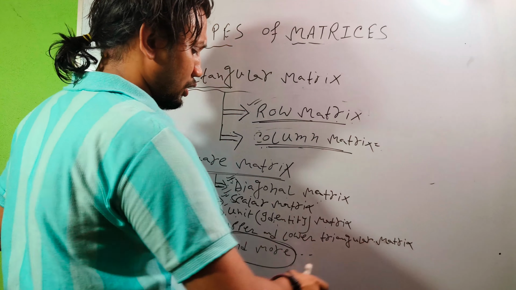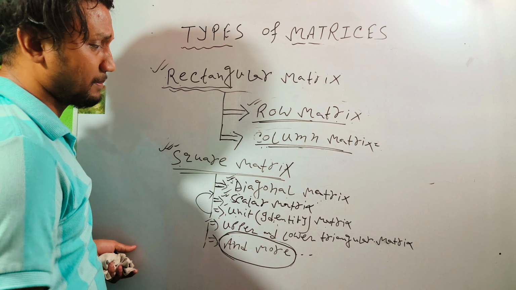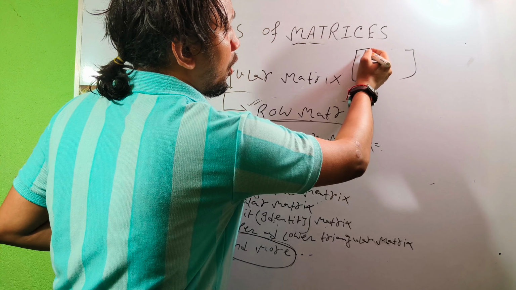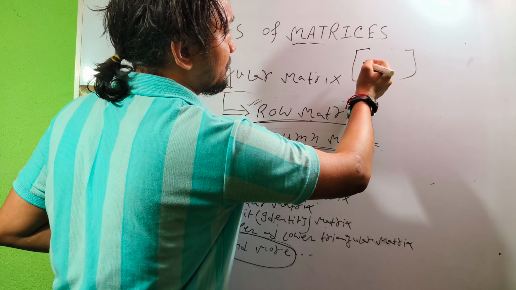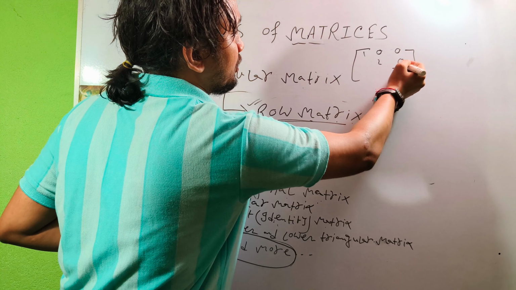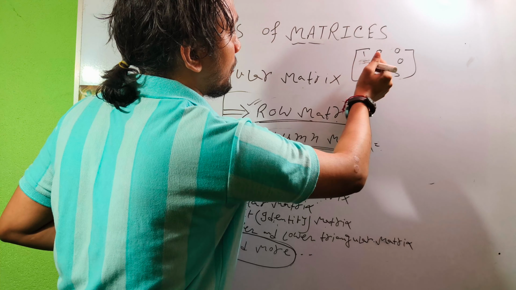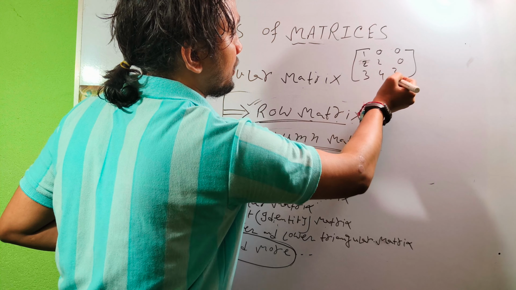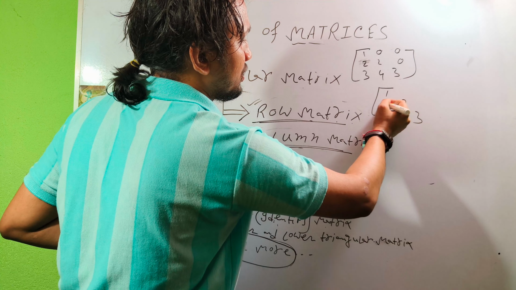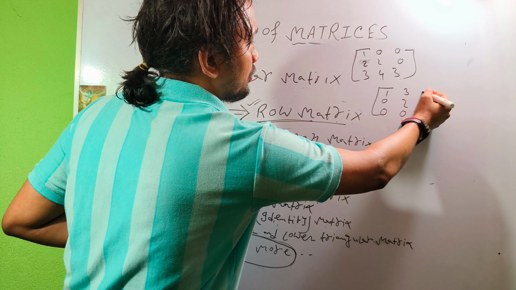Okay. Now upper triangular and lower triangular matrix. Upper triangular matrix or lower triangular matrix are types of square matrices. A square matrix of which, let us take an example for this case, 1 2 3, 0 0 0, 0 1 2 3 4, and another one 1 2 3, 0 0 0, 3 2 5.